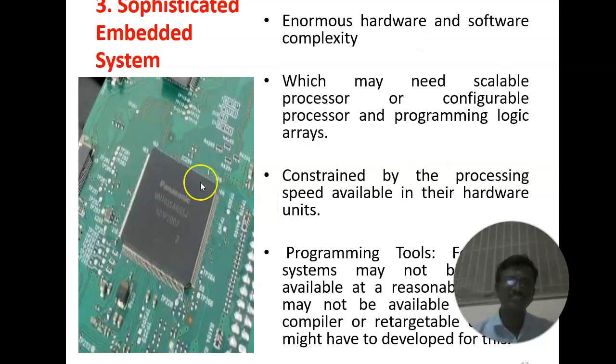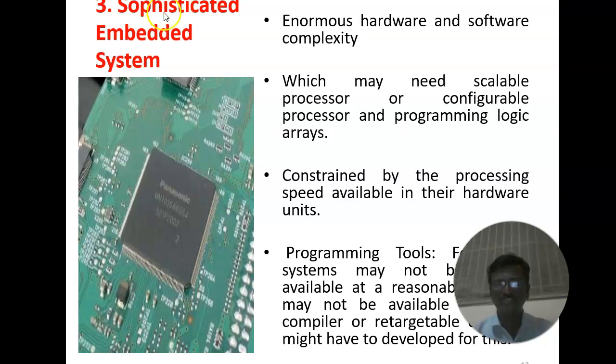And the next one is the sophisticated embedded system. Compared to the previous two types, it has enormous hardware and software complexity, and it needs a scalable processor or configurable processor for performing a specific task.